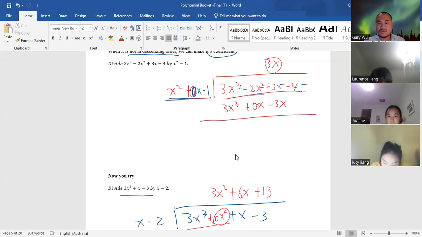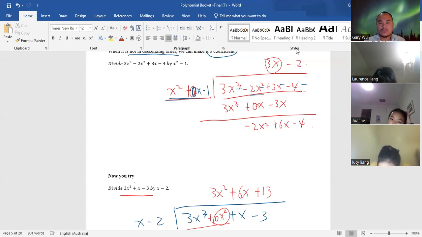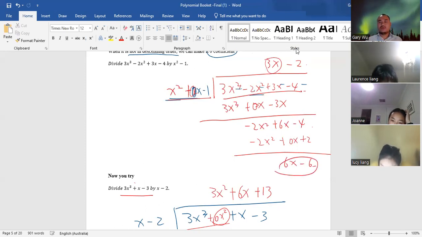So this one will still be negative 2x squared, and this is plus 6x minus 4. And then you do the last one, which is minus 2. Yep. So minus 2x squared, 0x, and then plus 2. So you still have a remainder here. That's the remainder.